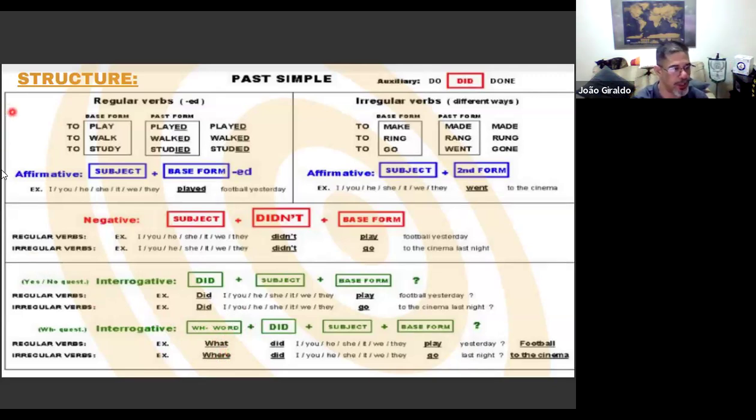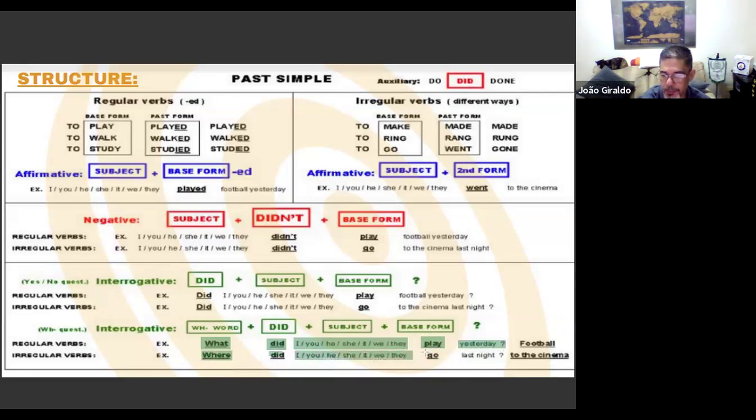And again, you are using the WH word, you are using the auxiliary verb of the simple past, you are repeating the subject of your sentence, and your verb in infinitive form, in the base form, in the present, because you use did, and then the complement of your sentence.